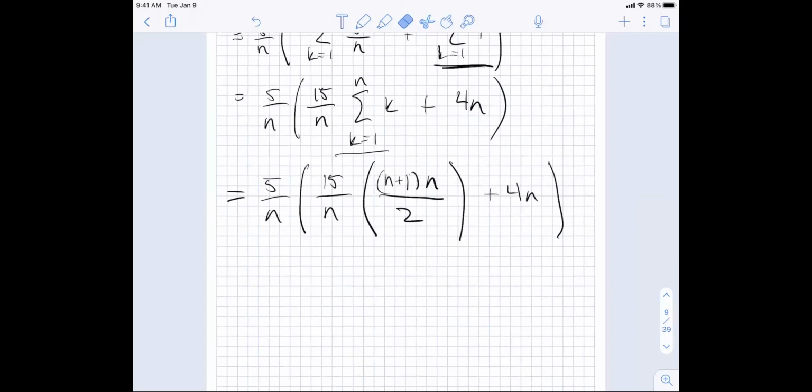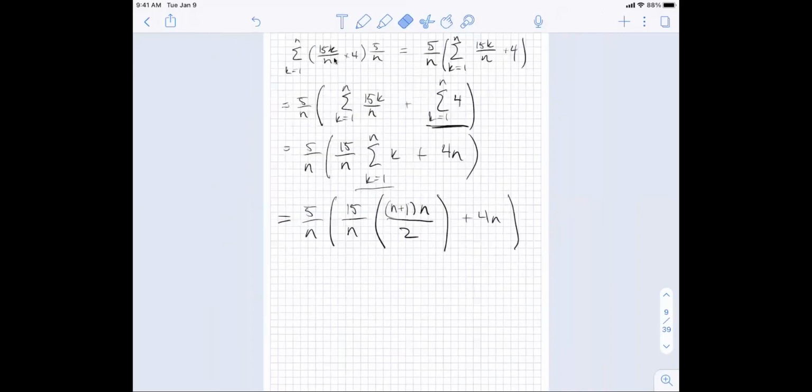We can simplify this more if we want. I'm not going to. I'm going to move on. I mean, these problems do take a while, but it's worthwhile to see that. But in the end, what do you think we're going to do now that we have this? We haven't really done any calculus yet, right?